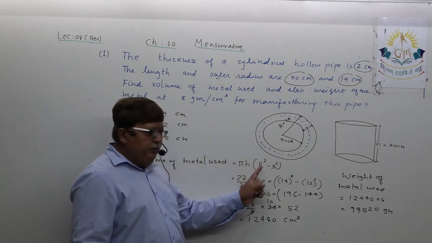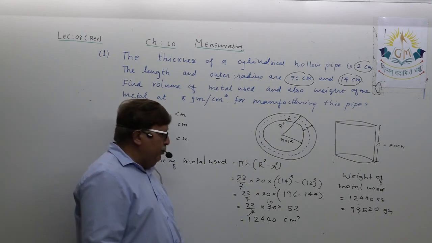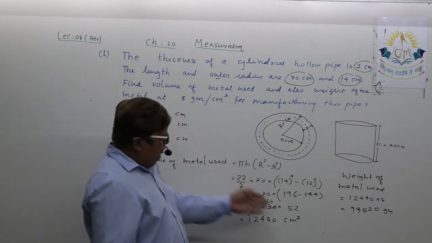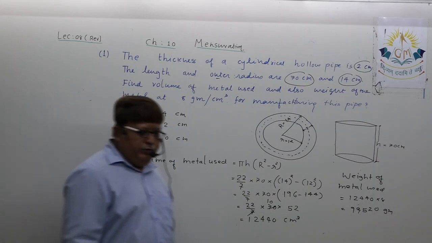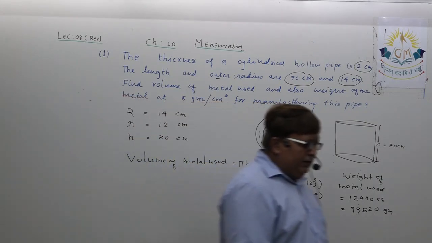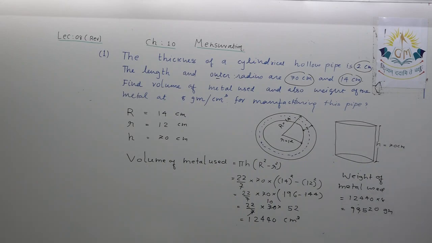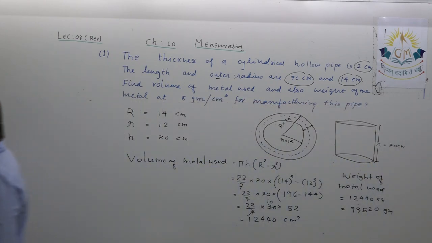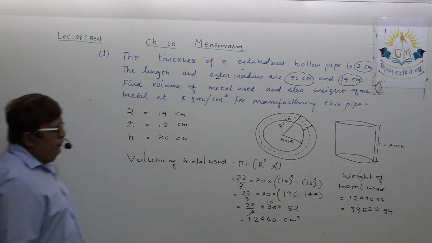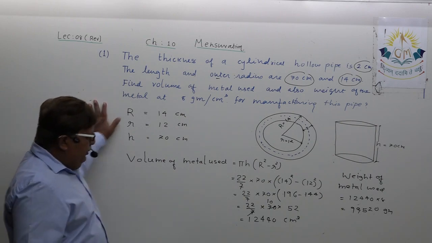You just need to target this formula. Actually, we have stopped because I thought 55 and we are multiplying, but it is 52. So just have a look at the sum. This formula you need to keep in mind: volume of the metal used in manufacturing a hollow cylindrical pipe.